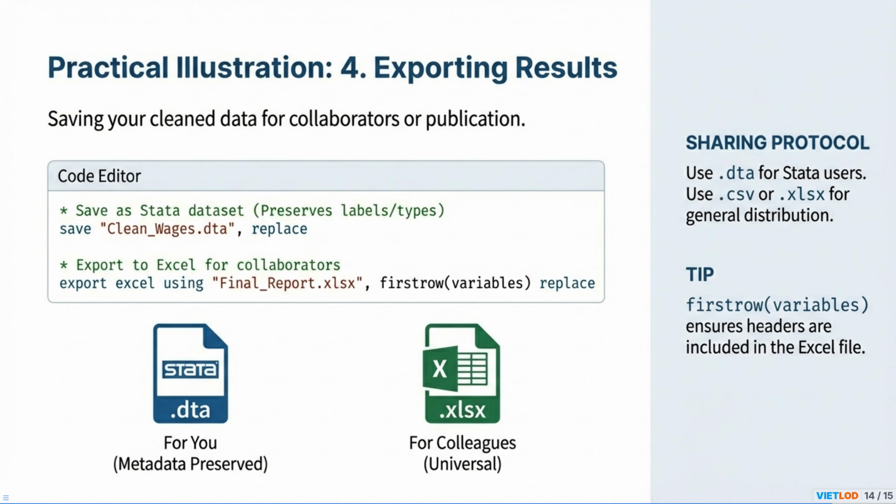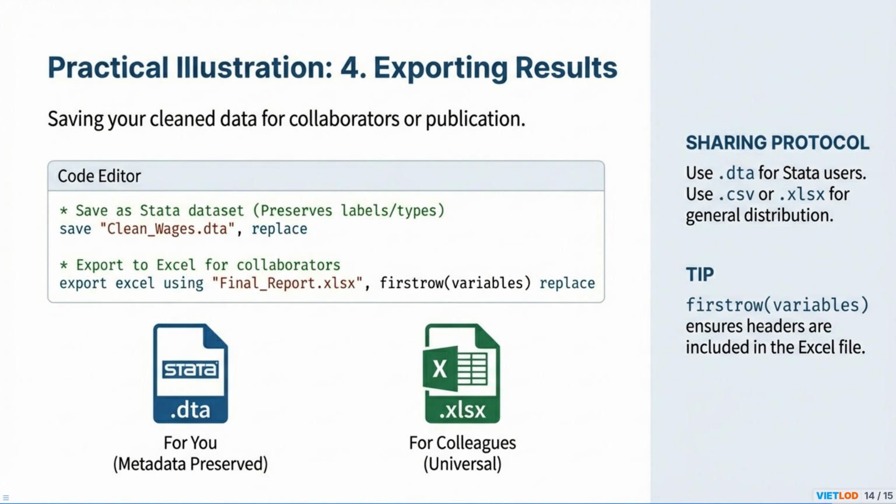After cleaning your data, the final crucial step is exporting your results. On this slide, we illustrate two primary ways to save your clean data, one for internal Stata use and another for broader collaboration. First, for your own project or when sharing with other Stata users, always save your dataset in Stata's native .dta format using the save command.